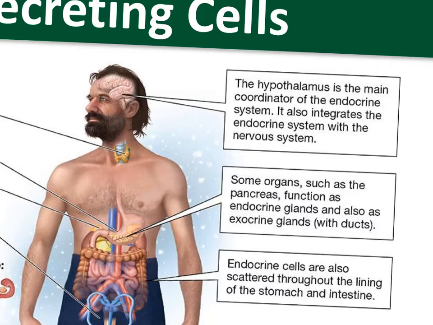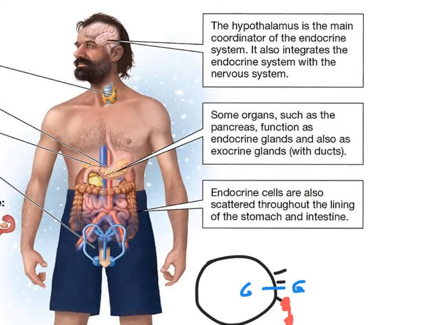And then endocrine cells are also scattered throughout the lining of the stomach and the intestine as well. So in terms of when there's going to be uptake of various nutrients and things like that.